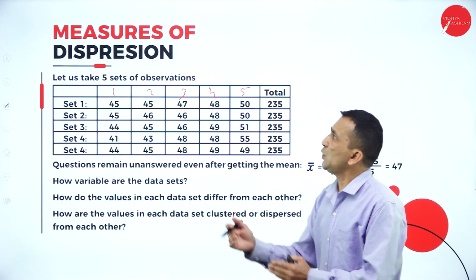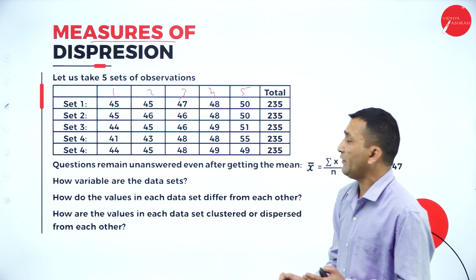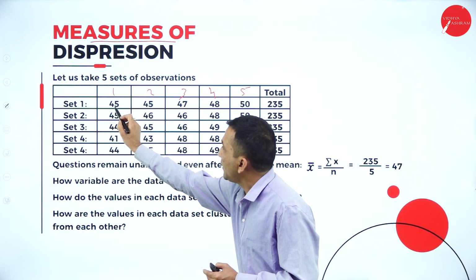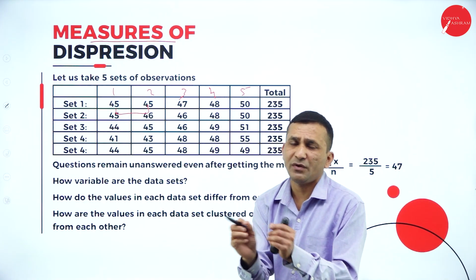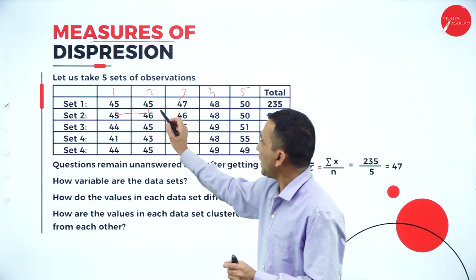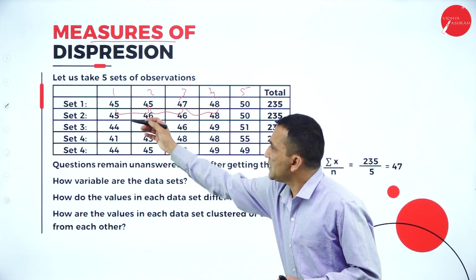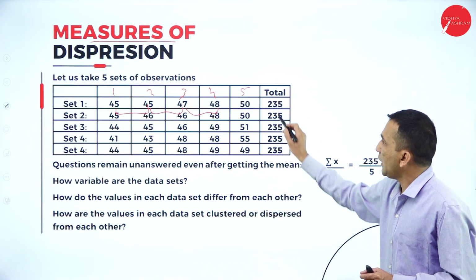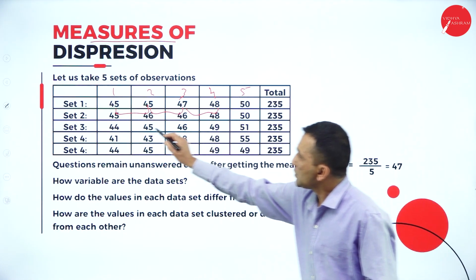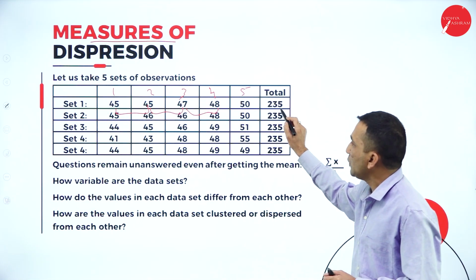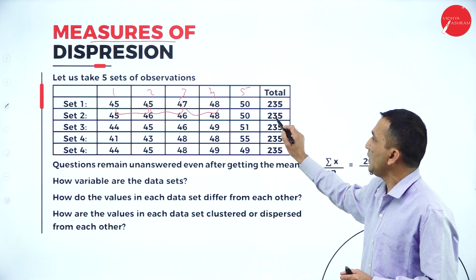For that reason only we are trying to do the measure of dispersion. For each and every set of data, what are the variations, the difference, the range you are finding. Each and every set of data, the total you are getting is 235. The first set is 235, the second set is also 235.